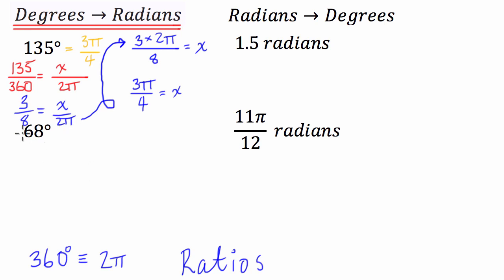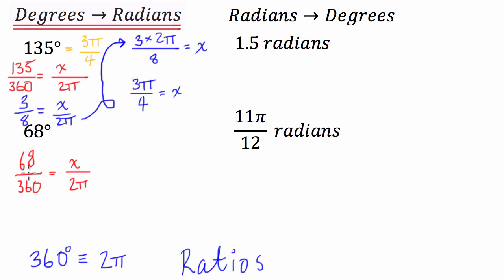Okay, well, let's go to the next one. This one's going to be a bit more tricky, but we're going to use exactly the same method. What I'm going to do is go 68 degrees over 360 equals the amount of radians we're trying to look for divided by 2 pi.